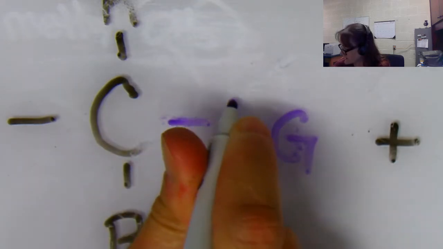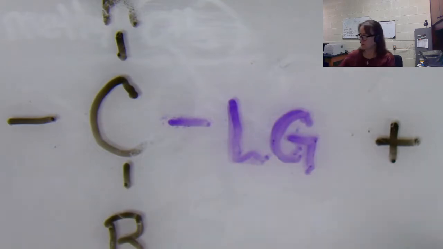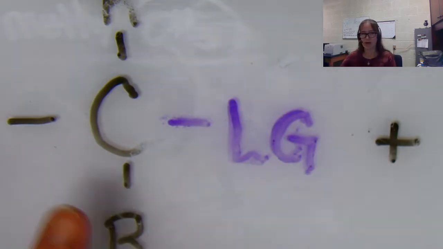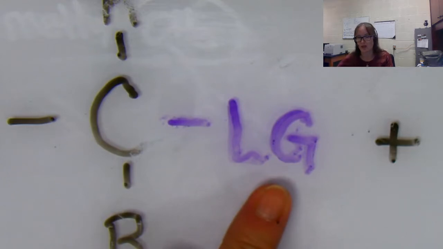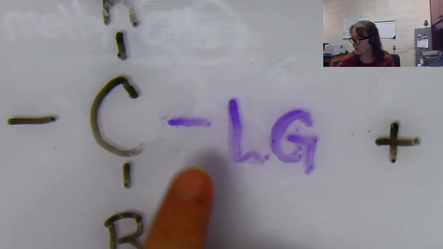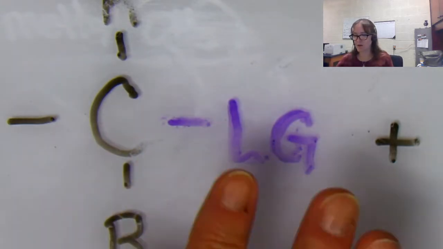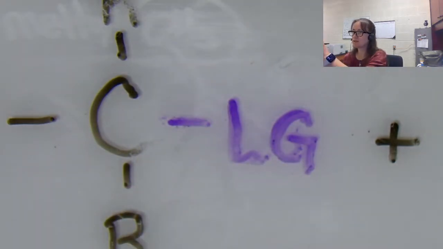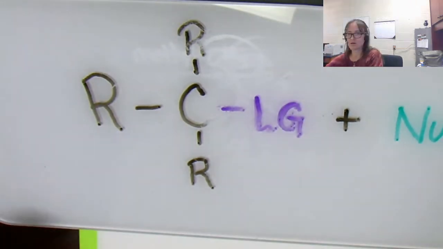In a substitution reaction, specifically, there is an organic molecule and there is a leaving group. The leaving group has a tendency to leave the molecule when it is displaced by a nucleophile.